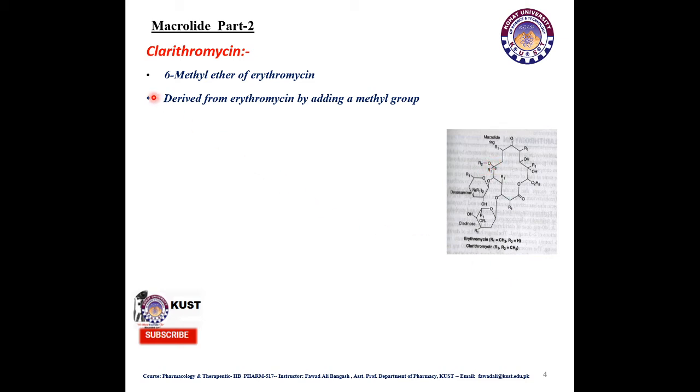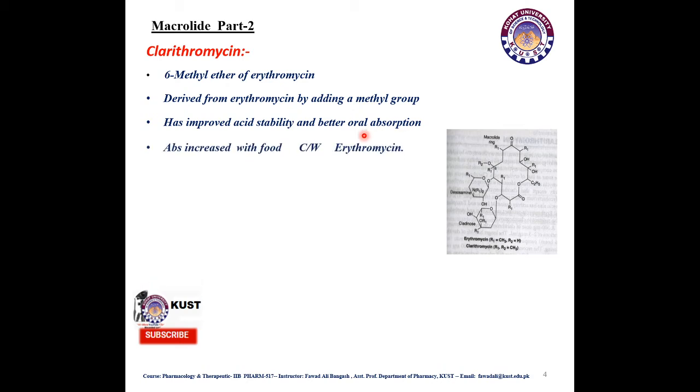So this is derived from erythromycin by adding a methyl group, specifically at the R2 position, and it has improved acid stability and better oral absorption than erythromycin. Absorption of erythromycin is increased with food.